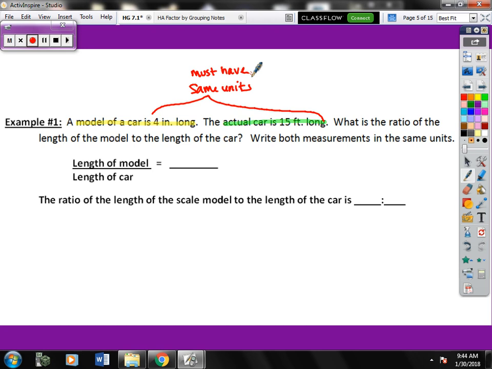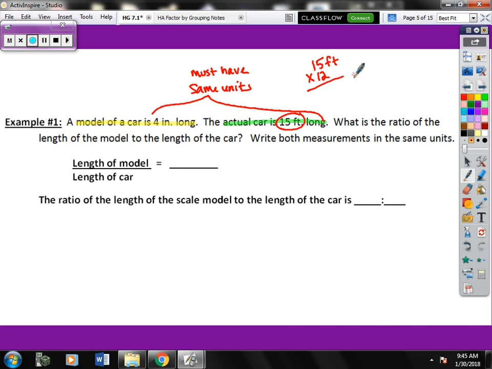So we either need to convert 4 inches to feet or convert 15 feet into inches. Which one's the easier one? Good, feet into inches, because this one's going to get you a fraction of a foot, and most of you don't like to have fractions. So for 15 feet, remember there are 12 inches in 1 foot, so we just have to multiply by 12.